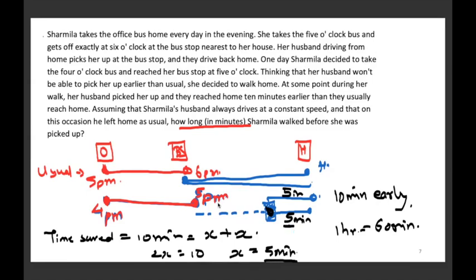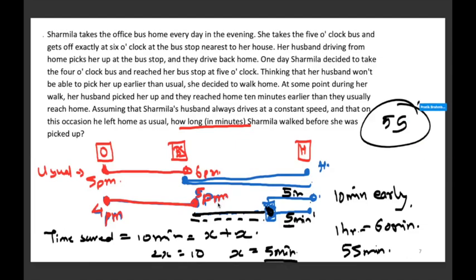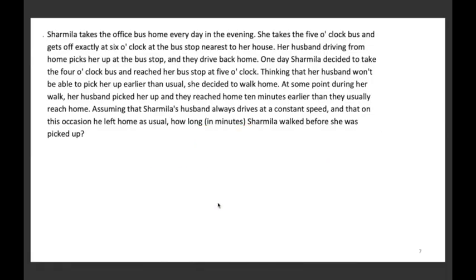So if she starts at 5 o'clock, 55 minutes would have been spent on walking, and then 5 minutes the husband takes to reach her, and then 5 minutes for them to come back. That's how 10 minutes gets saved. So ideally, she should be walking for 55 minutes. Okay, we'll move to the next one.